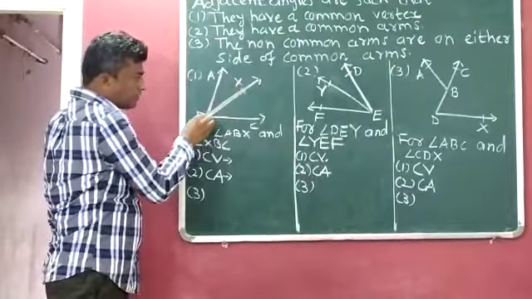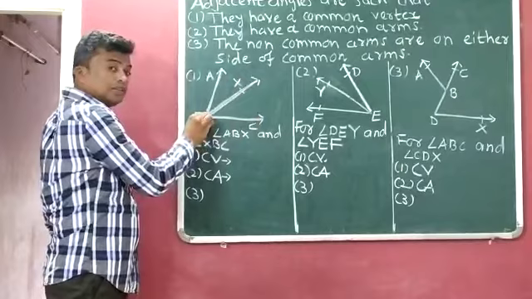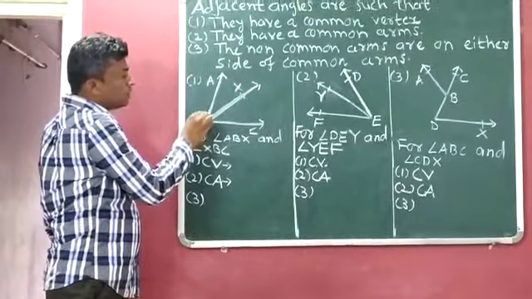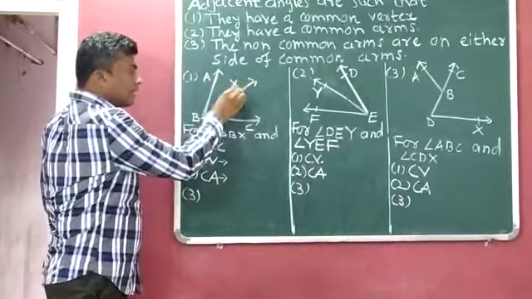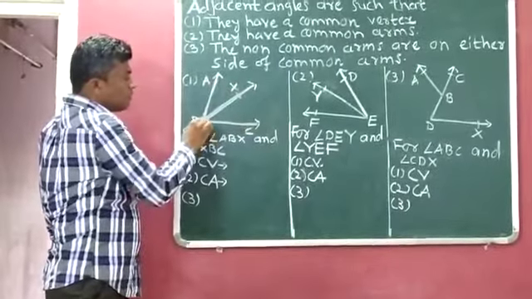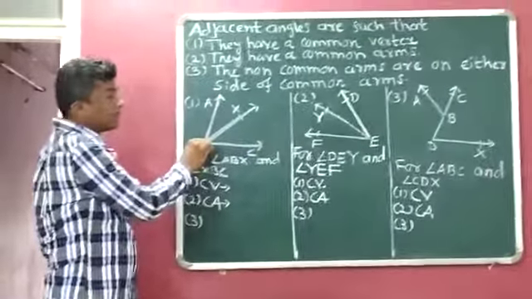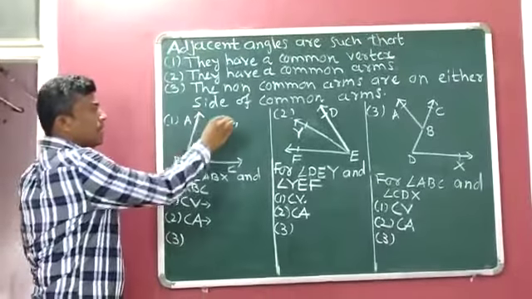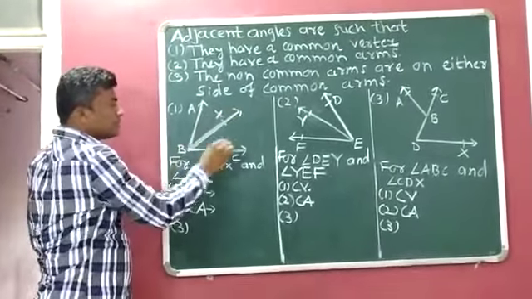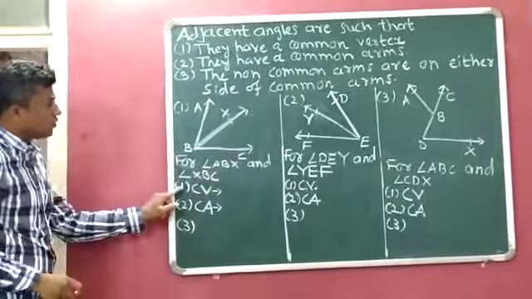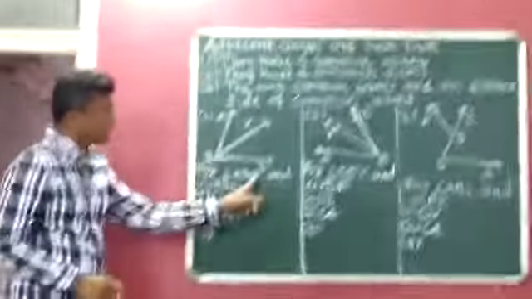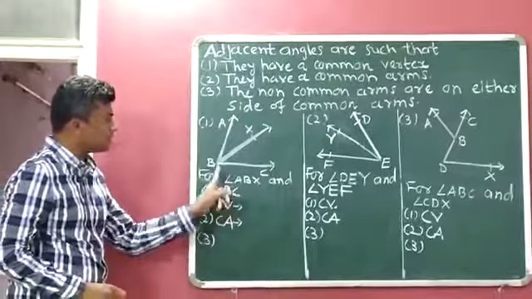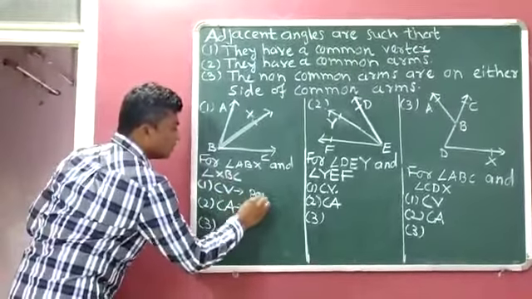In angle XBC, point B also came. It means point B is the common point, the common vertex, of angle ABX and angle XBC.